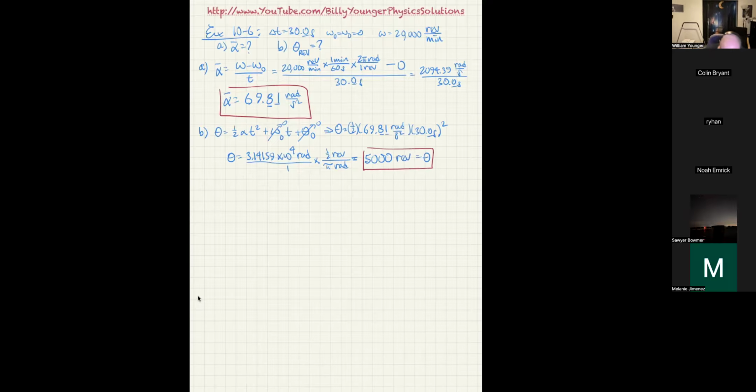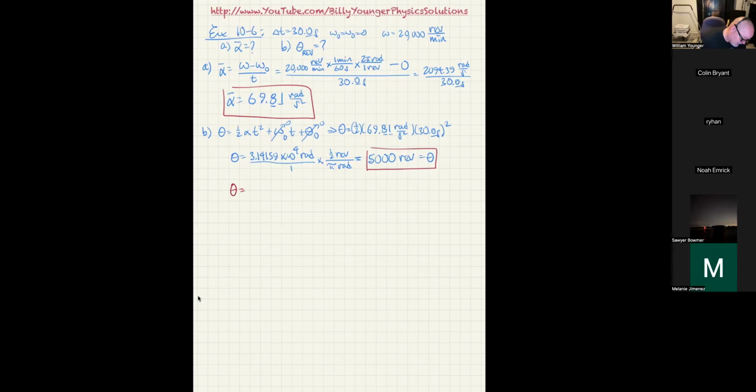You could have also done this by leaving the alpha in revolutions per second instead of radians, then plug it in there and it would have come out automatically. So if we did it that way, we could have done, oops, running out of time.